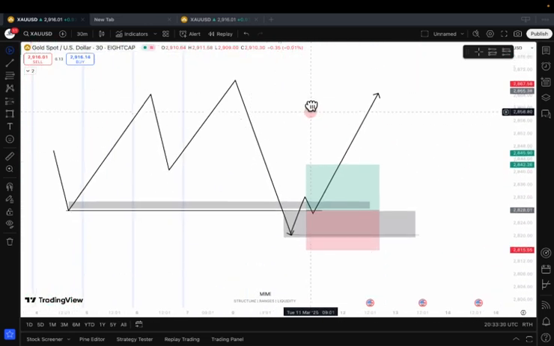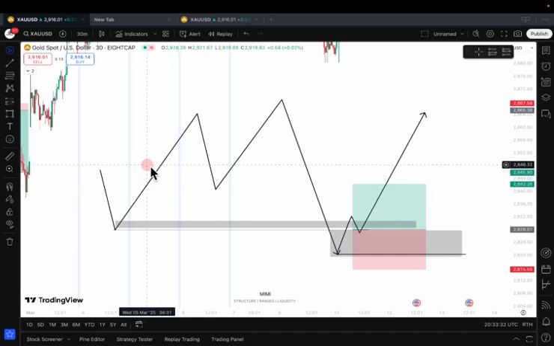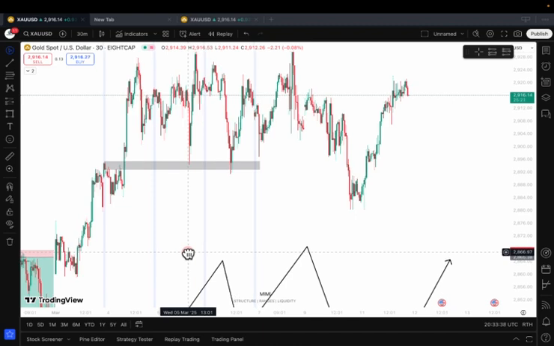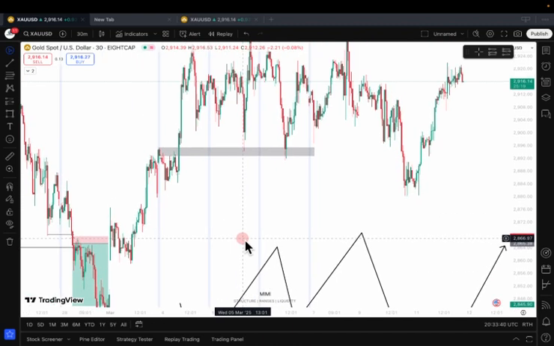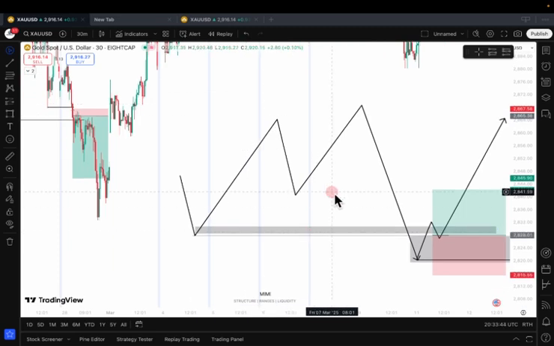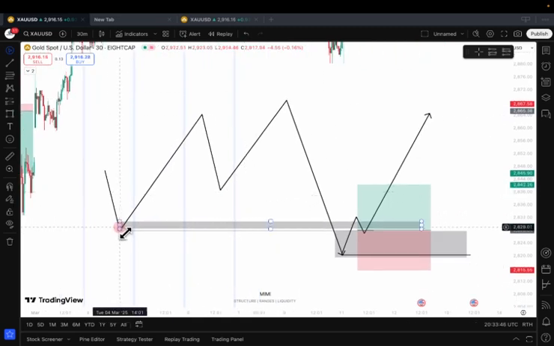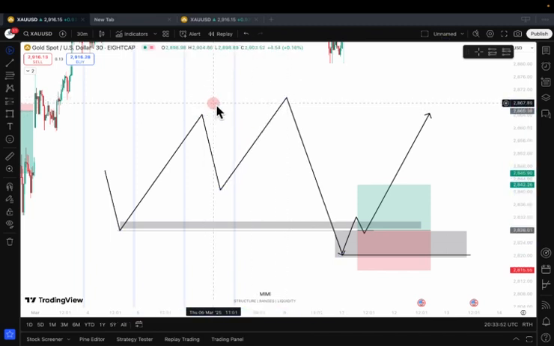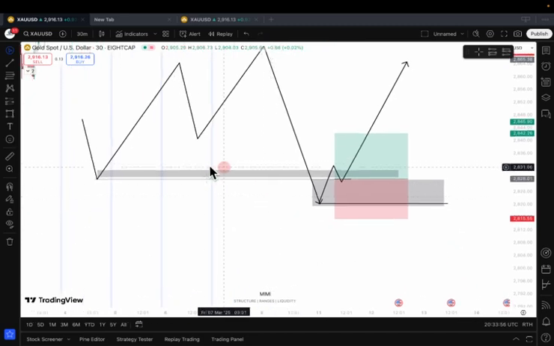So a reclaim block is a failed breaker block. A breaker block is price movement taking out a zone with no significant reaction before it got taken out.